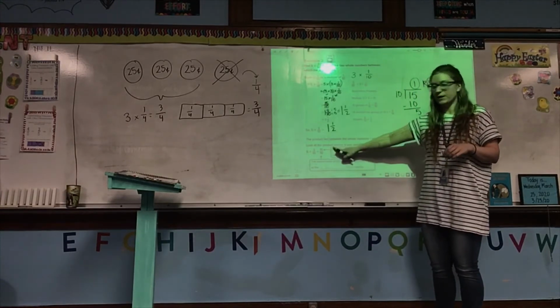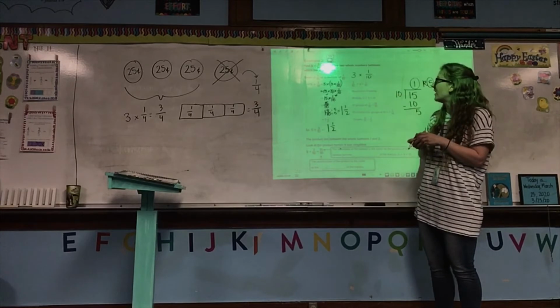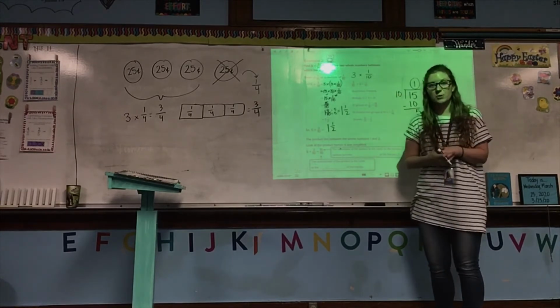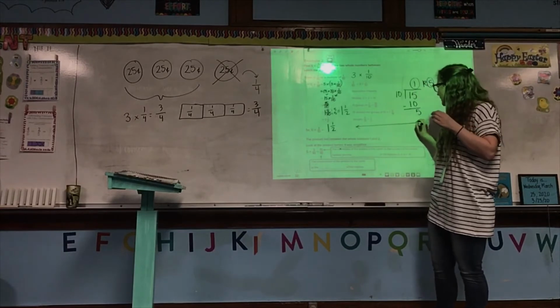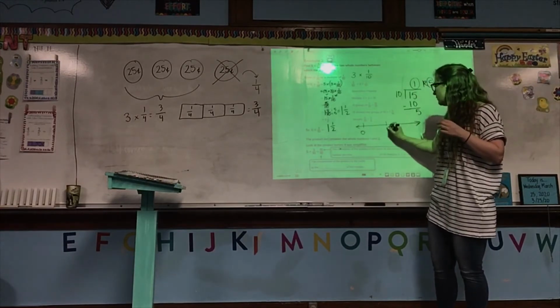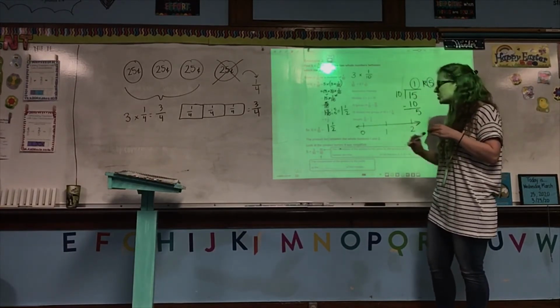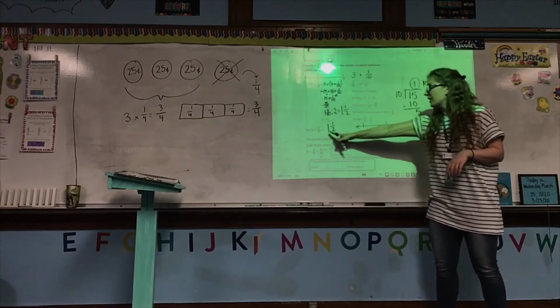Now, this part, the product: identify the two whole numbers between which the product lies. Well, we know if we had a number line, and we started at 0, 1, 2, our whole number is 1.